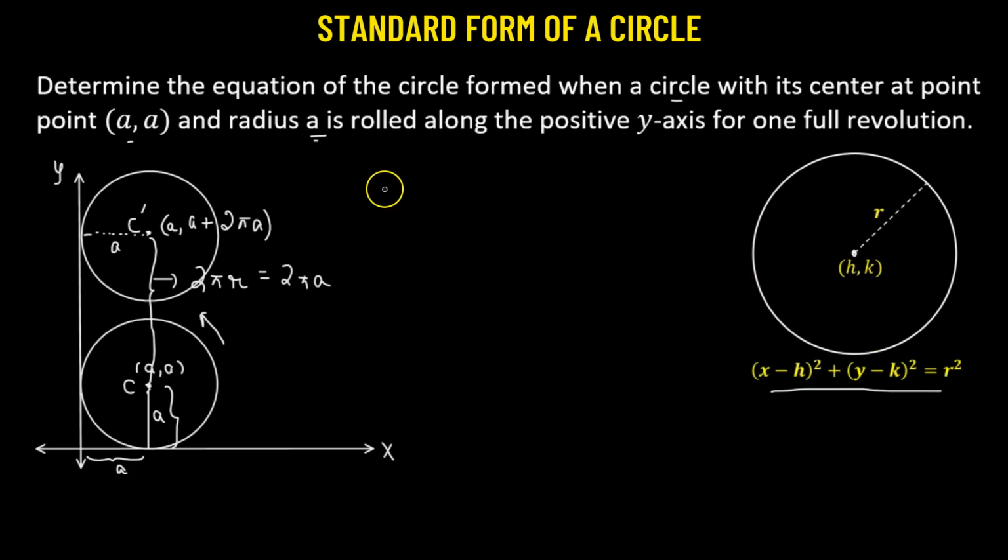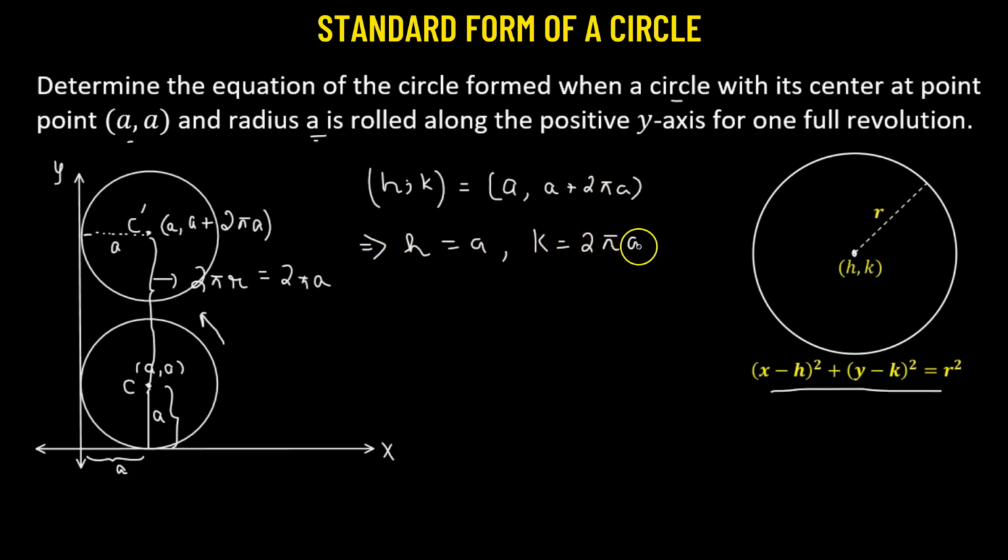Now in our case, we already have the center. Our center, which is (h, k), we found out equals (a, a plus 2 pi a). This immediately tells us that the value of h is going to be equal to a and the value of k is going to be a plus 2 pi a. And the radius is also fixed, so the radius is a units.